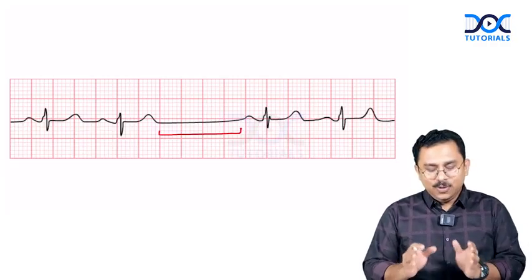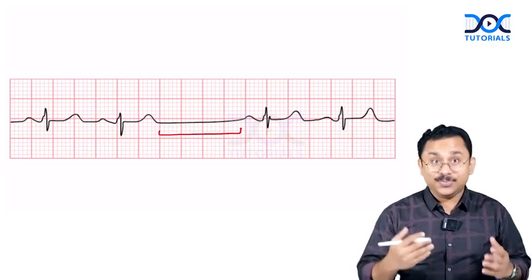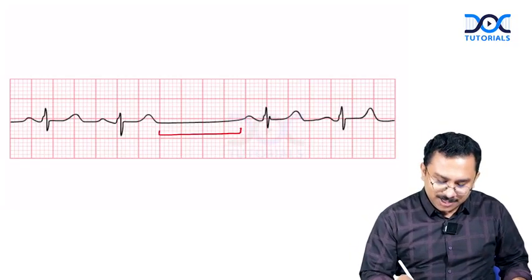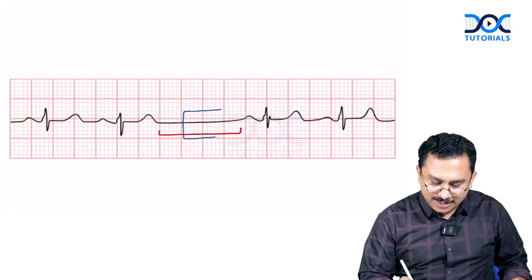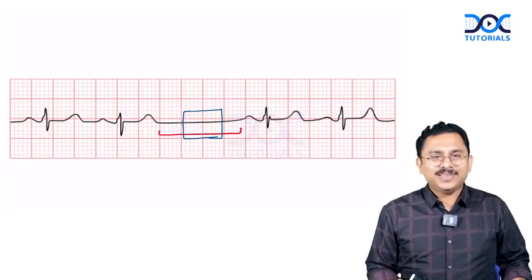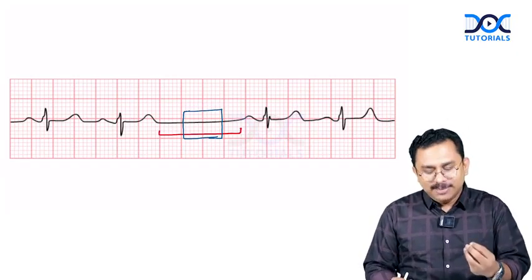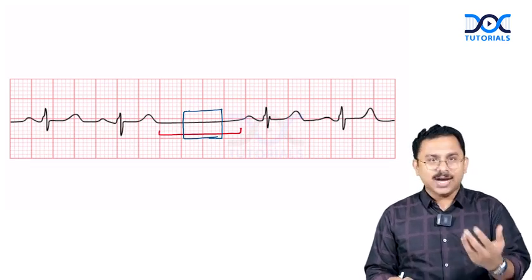If you look at this pause, you can almost imagine that there is actually a probable PQRST that could have fit in exactly in this time frame. Yes or no? So what is the possibility? The possibility was, in fact, the sinus node had discharged.